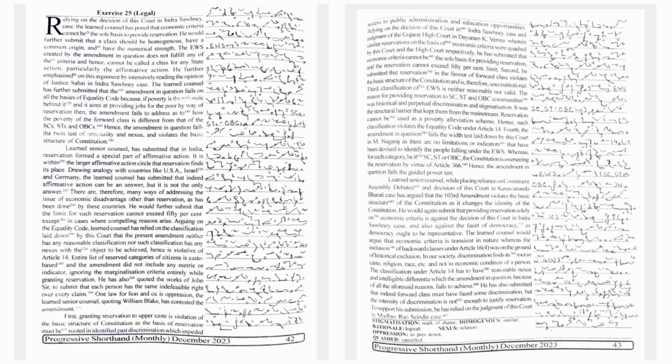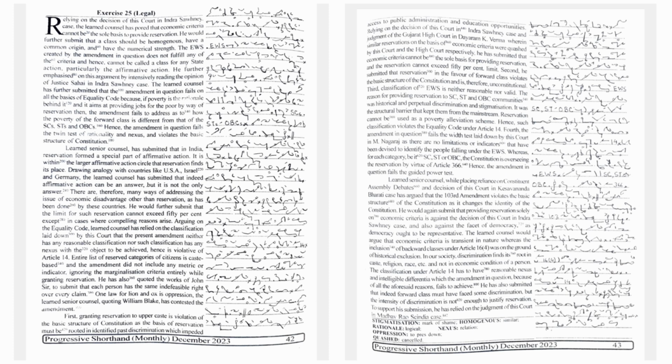reasons arise. Arguing on the Equality Code, the learned counsel has relied on the classification laid down by this court, that the present amendment neither has any reasonable classification nor does such classification have any nexus with the object to be achieved, hence is violative of Article 14.